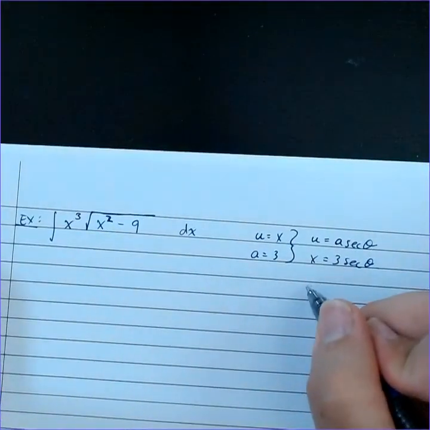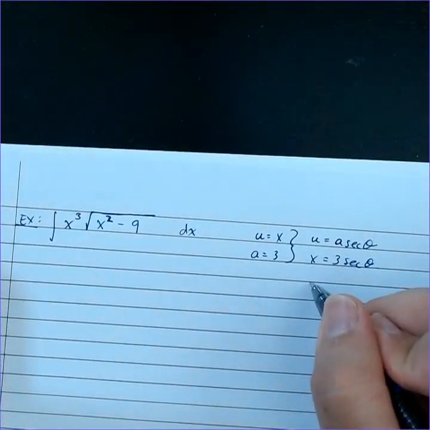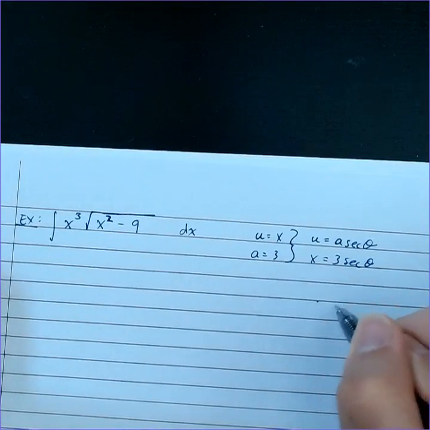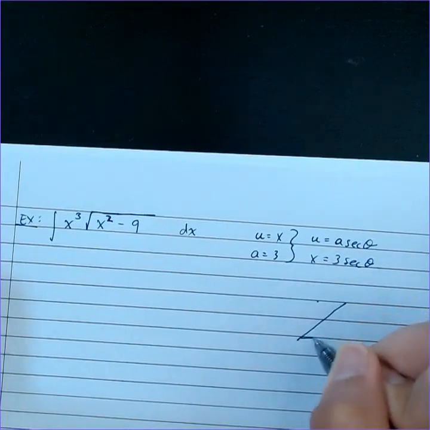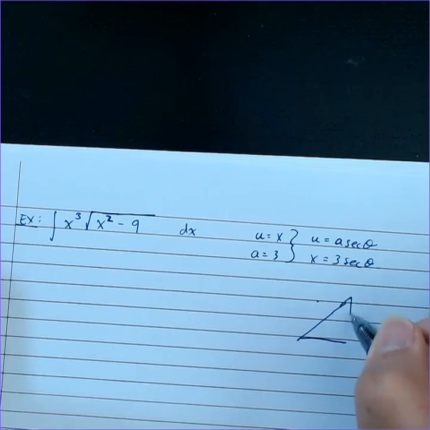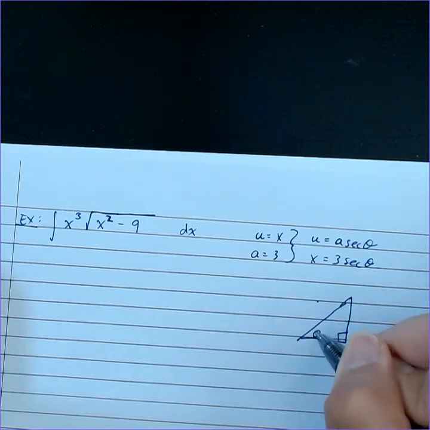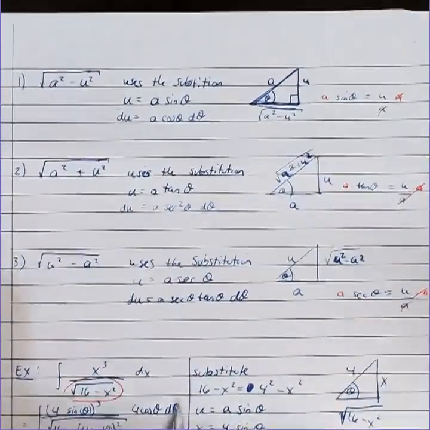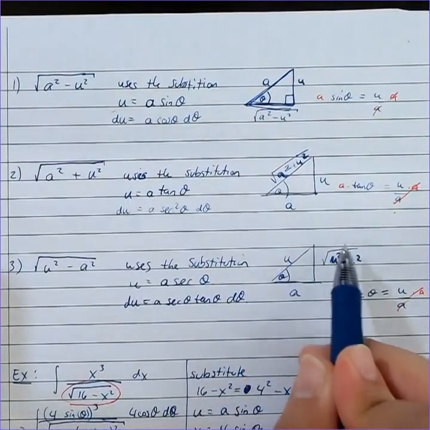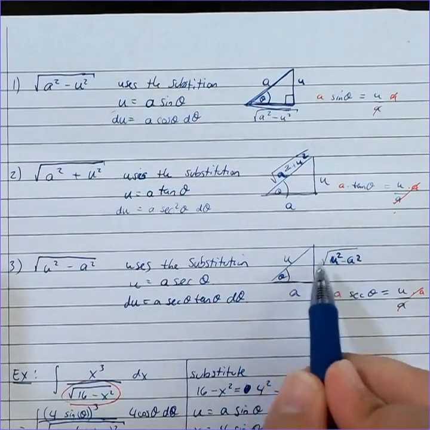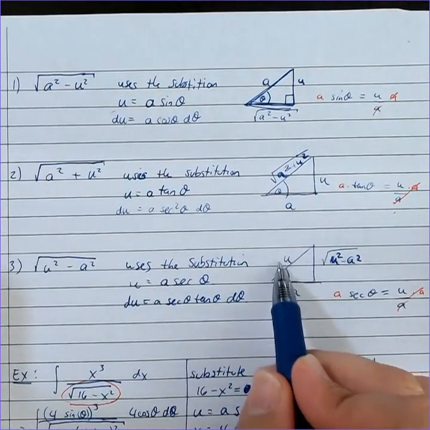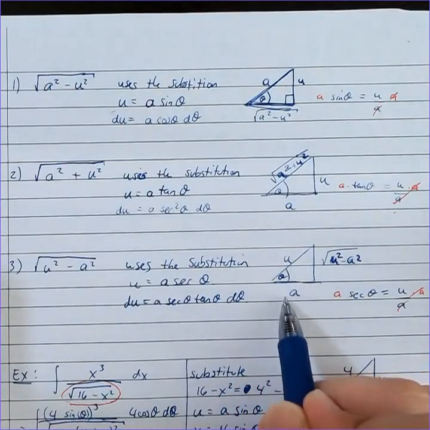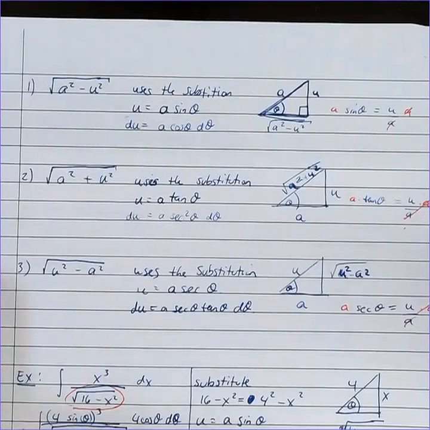Okay. Let me go ahead and draw out my triangle from the very beginning. I know I'm going to need this eventually, so let me go ahead and do that now. I'm going to have a right triangle. I'm going to call this angle theta. And using our visualization from the beginning of the section, we see that the radical term is here, opposite the angle theta. u is going to be our hypotenuse, and a is going to be the side adjacent to the angle theta.